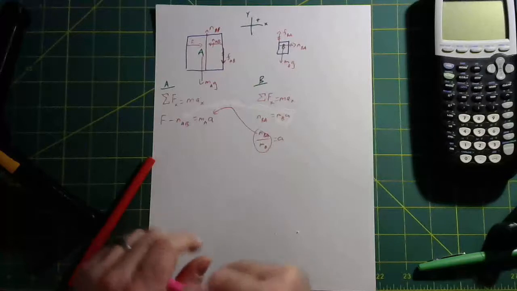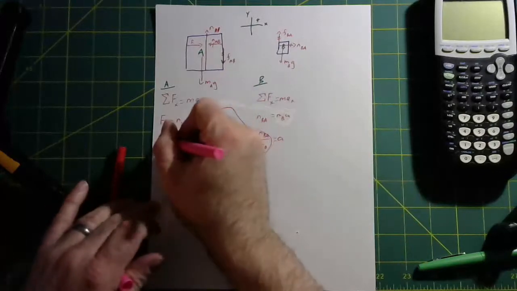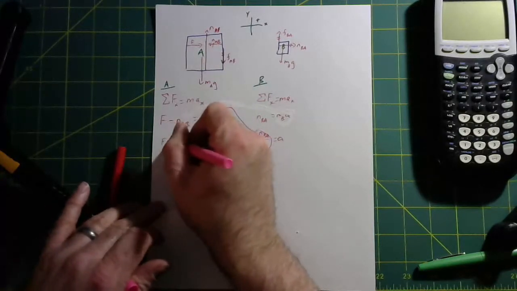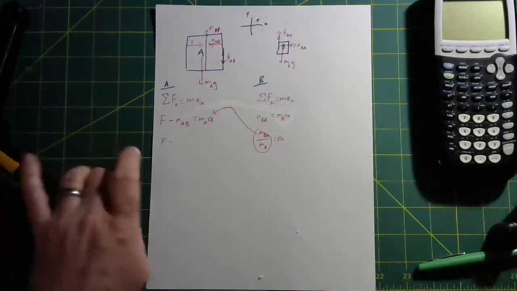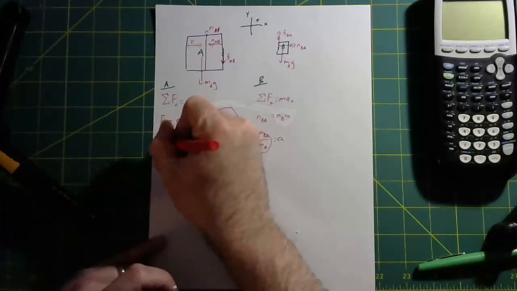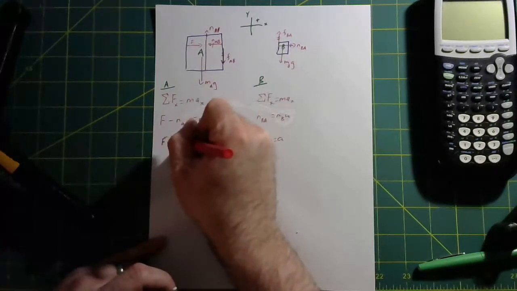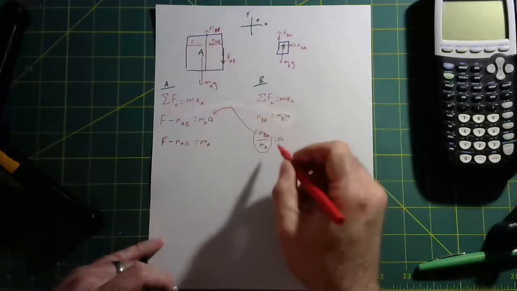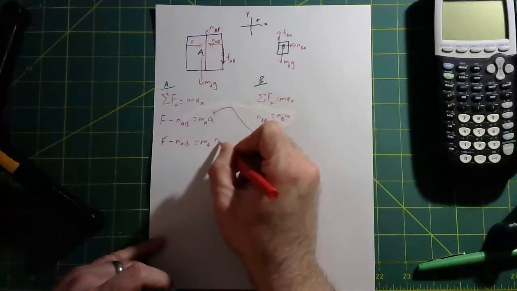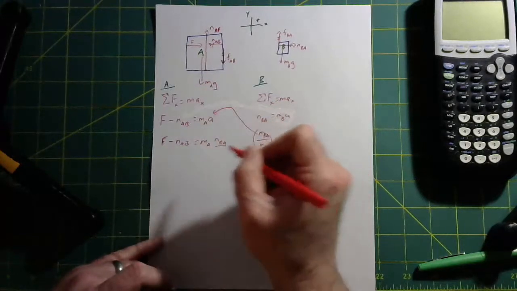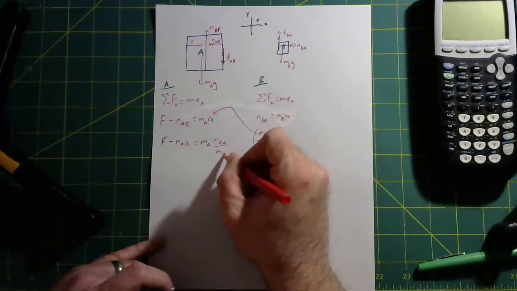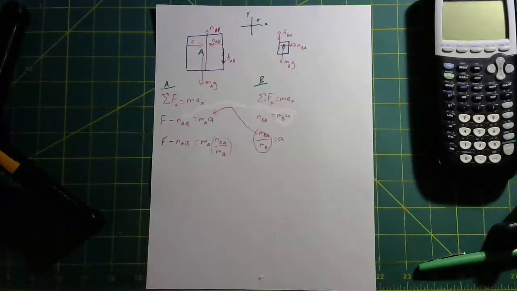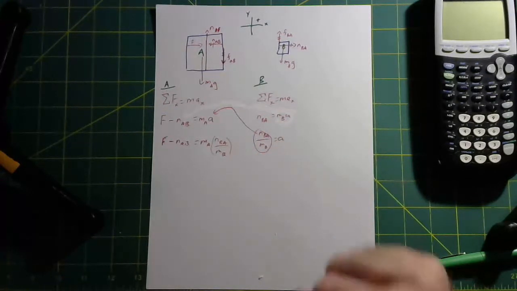So if I make that substitution now, F minus NAB equals mass of A times NBA over mass of B. Okay, there's that substitution there.